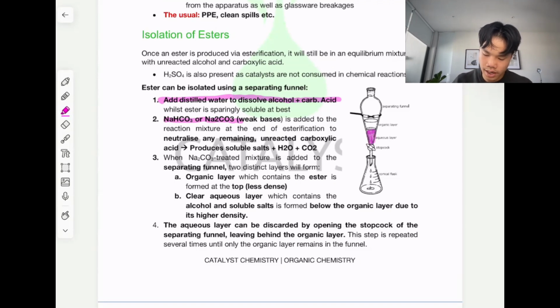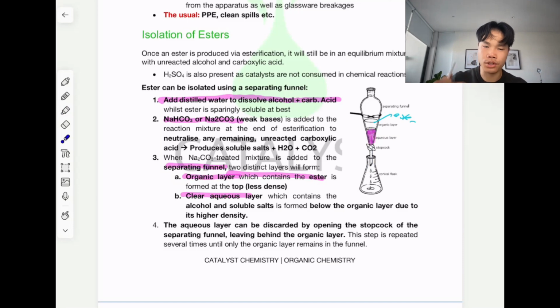Then you add that Na2CO3 treated mixture into the separating funnel, which forms an organic layer on top, which is the ester on its own, and a clear aqueous layer on the bottom, which has all of the alcohol, carboxylic acid, and soluble salts. Letting the stopcock open, you can filter out this whole aqueous layer, leaving just the organic layer inside the separating funnel.